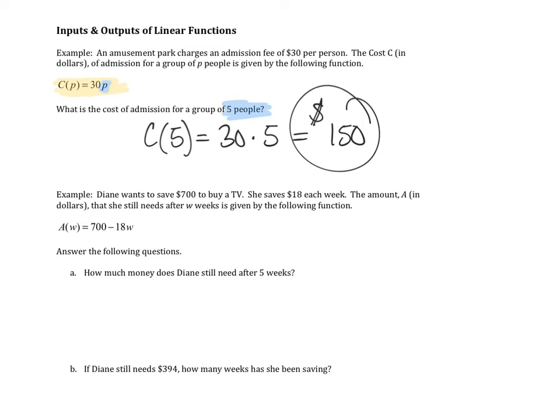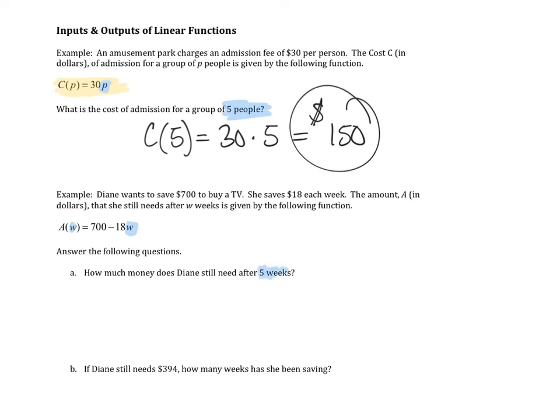So let's look at the next example. In our equation, we have A of W, which stands for the amount of money in dollars that she needs after a certain number of weeks. So A of W is equal to 700 minus 18W, okay? So in the first question, it says, how much money does Diane still need after 5 weeks?